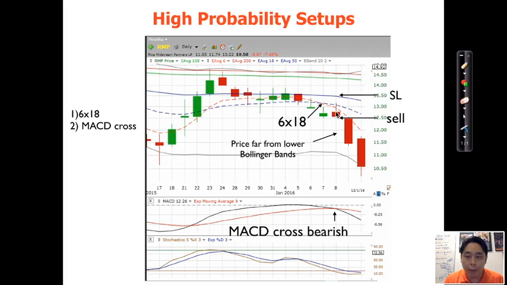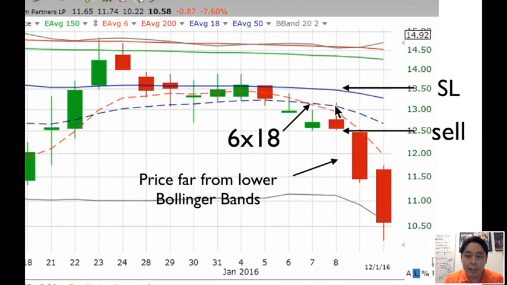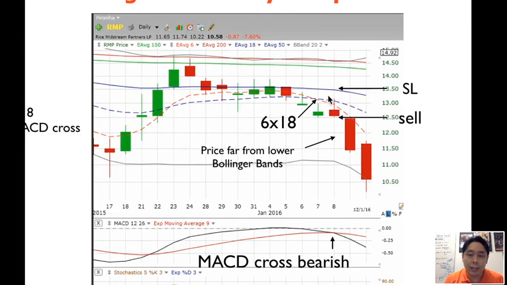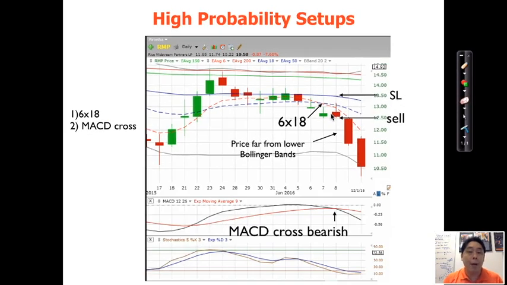We have a pullback, and again, I love this pullback. Why? Because it's finding resistance at the moving average. When I'm going short, I like the pullback to find resistance. If I'm going long, I want the pullback to find support. And not only that, can you see that this pullback candle is a bearish pin bar with a long upper shadow, which is a bearish signal.